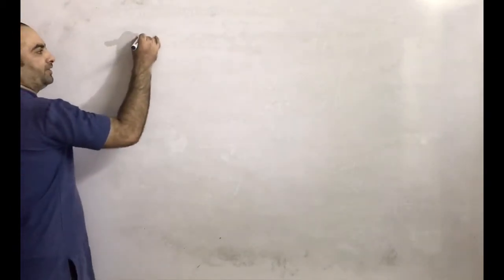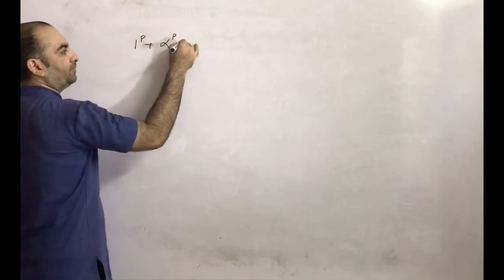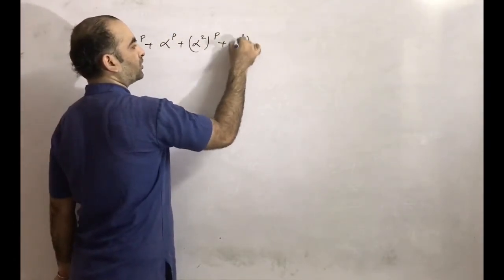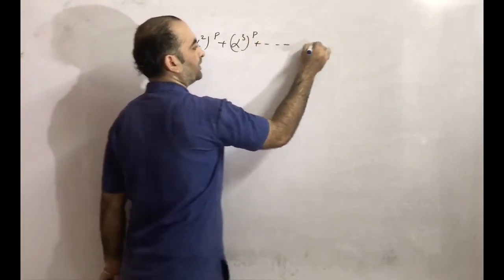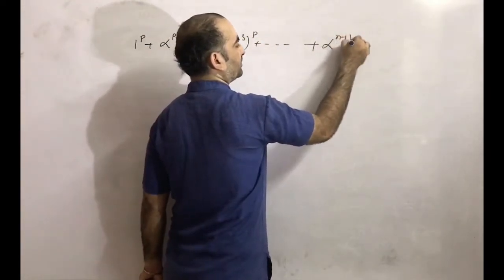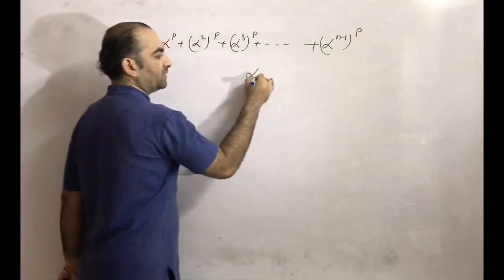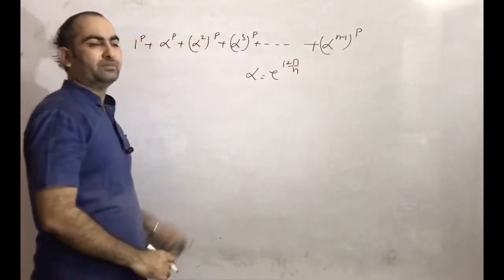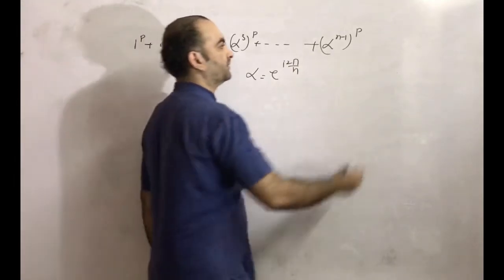So we can say that 1 to the power p plus alpha to the power p plus alpha squared to the power p plus alpha cubed to the power p plus so on plus alpha to the power n minus 1 to the power p, where alpha is e to the power iota 2 pi by n, this summation we can categorize in 3 categories.